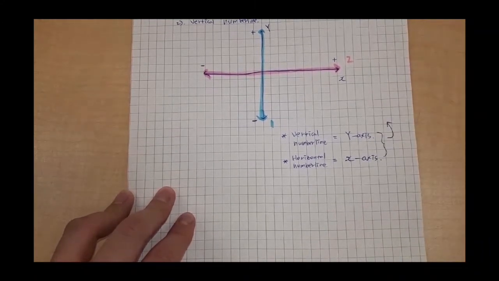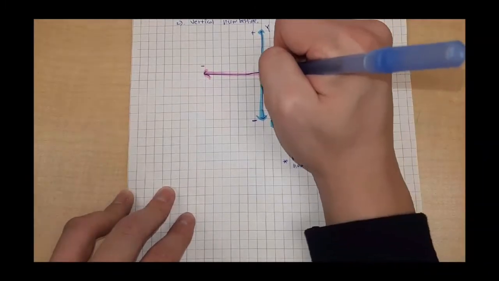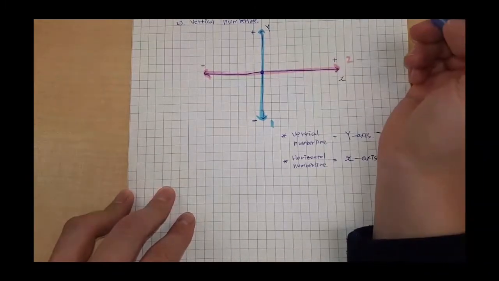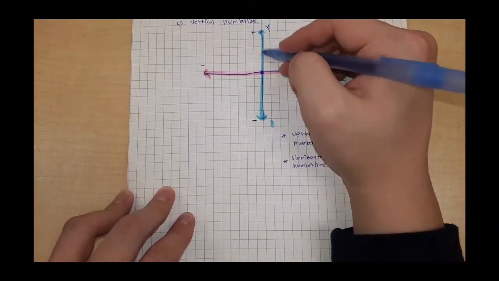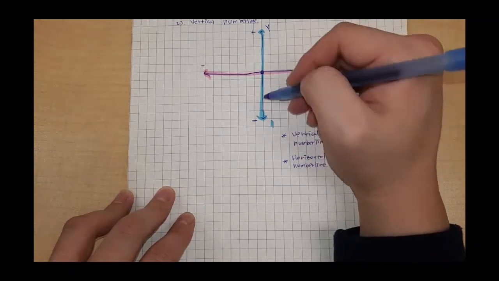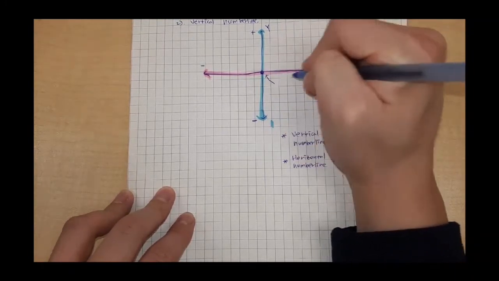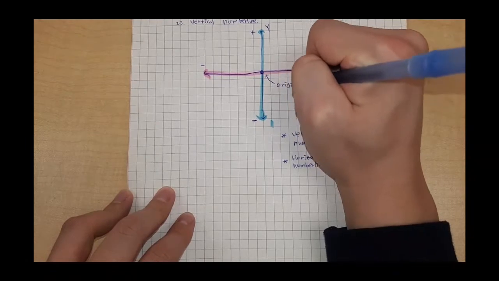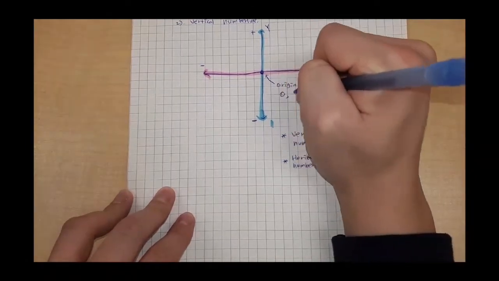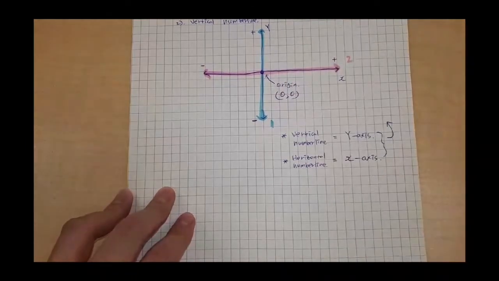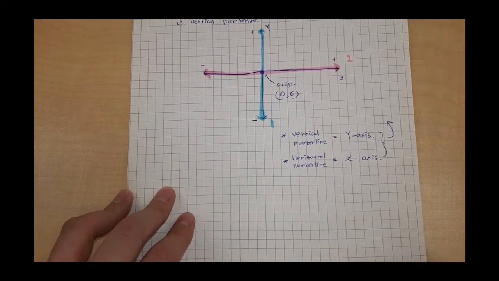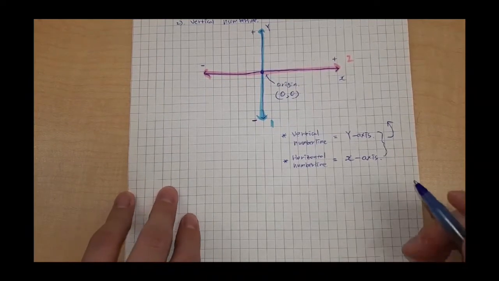Also, this midpoint that crosses literally between horizontal and vertical, we're going to call this the origin. And the origin is always 0 and 0. I'm going to tell you how you can refer to these coordinates.